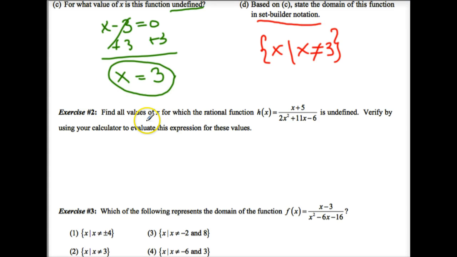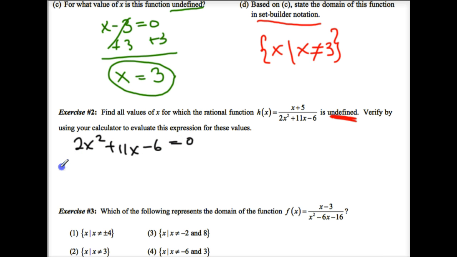Now it says, find all the values of x for which the rational function h of x, all of this, is undefined. That's my keyword again. Verify by using a calculator for these functions. So you have two options. You can graph this in the calculator and look at when it intersects the x-axis, but I want to do it algebraically. So I know, because undefined means when is 2x squared plus 11x minus 6 equal to 0.